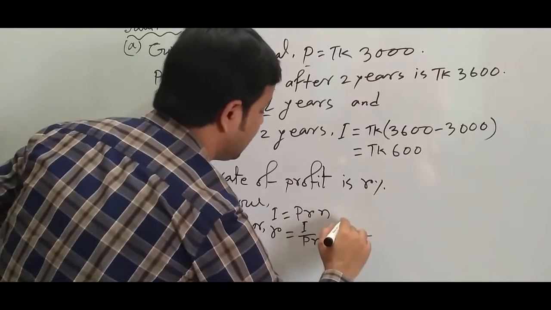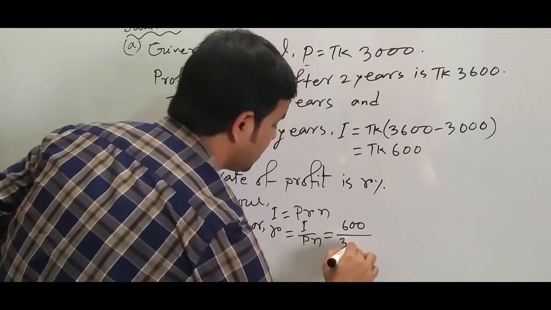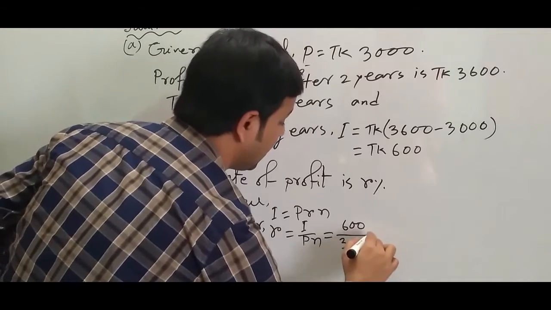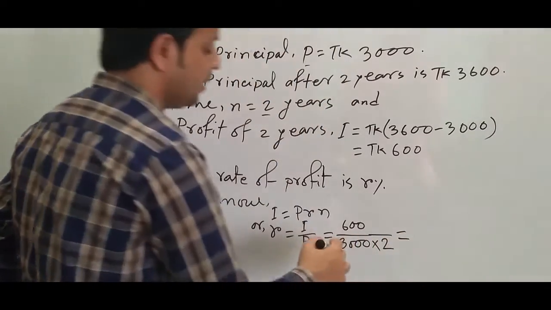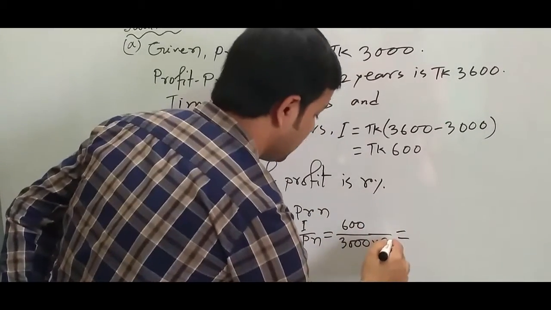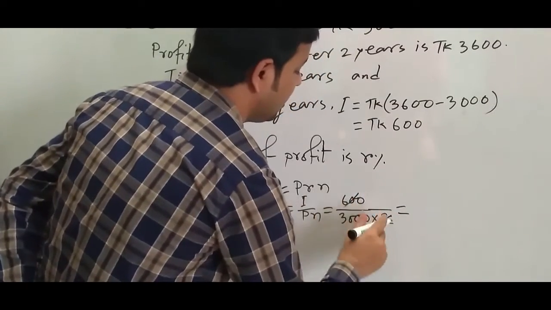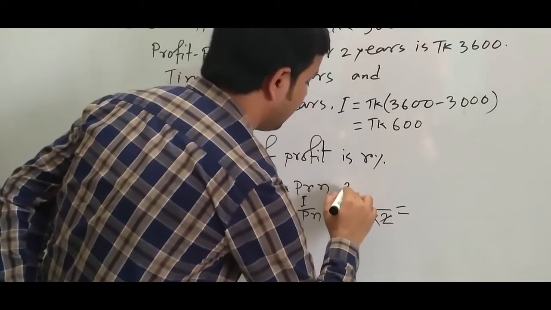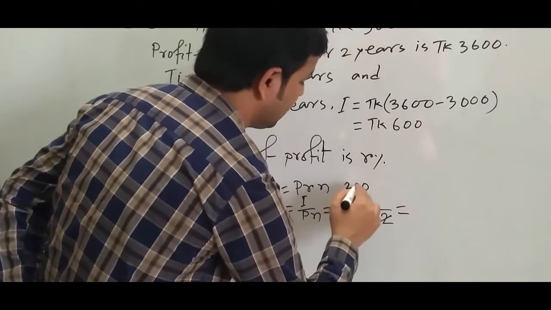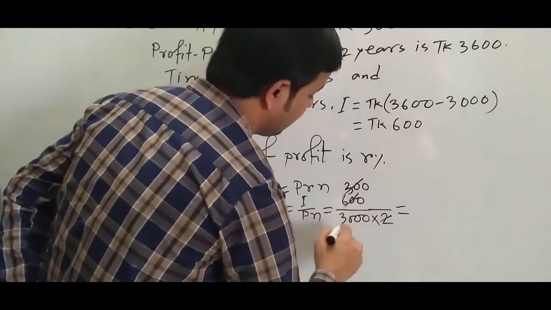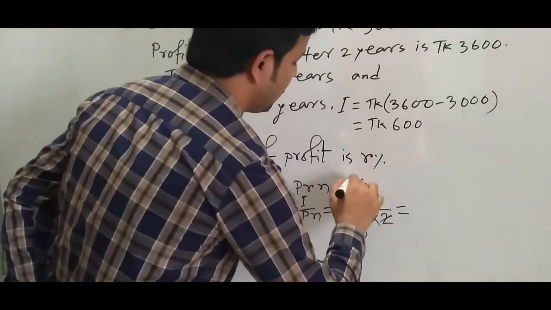The value of I is taka 600, P is taka 3000 and n is time 2 years. Now you can calculate here. At first we can divide 600 by 2. This will be 300. Now we can divide 300 by 3000.